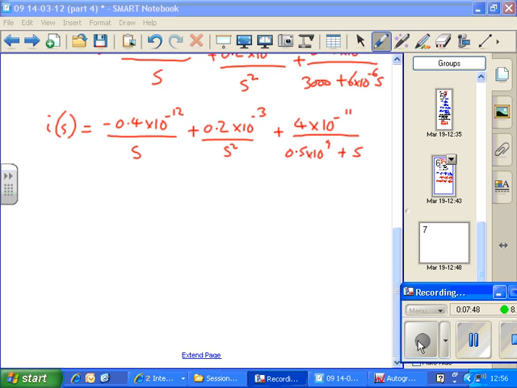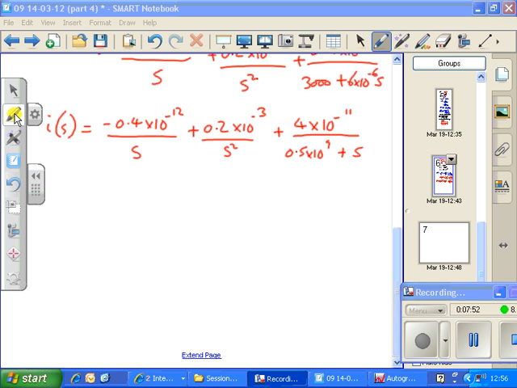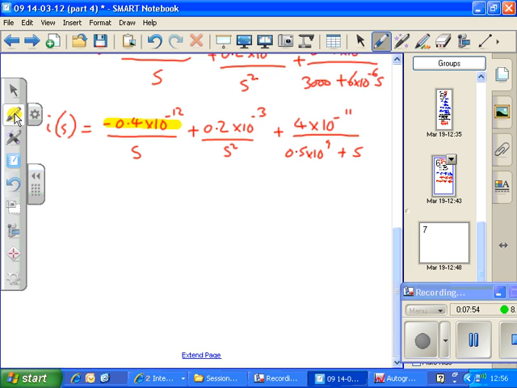I was expecting this number here to be the same as this number here, which they're not. So I think I might have made a mistake somewhere further back. Perhaps you can find it. Anyway, I'll perhaps have a look at it later.